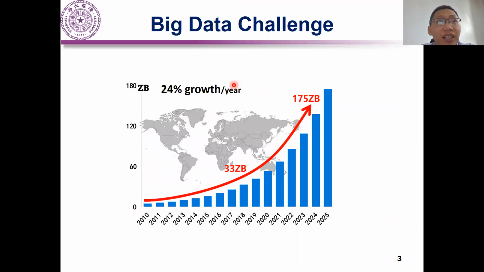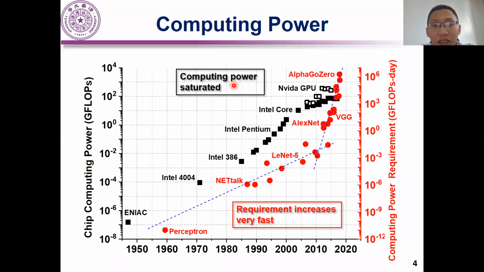In recent years, data are generated very fast, which brings great challenges for the computing system. In this figure, the black dots show the increasing trend of computing power of CPU and GPU chips. We can see the computing power of CPU increased exponentially before 2010, but went to saturation recently, while the GPU provided another solution for the computing power development, but also shows saturation now.